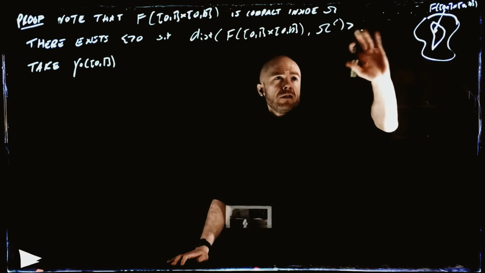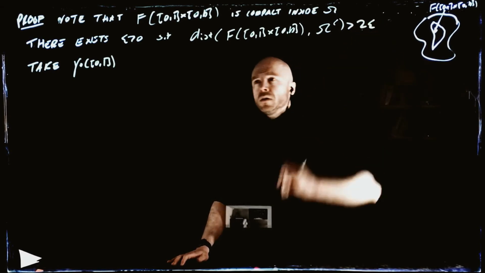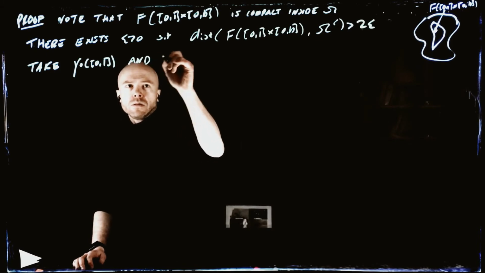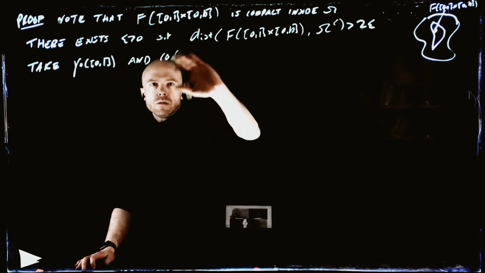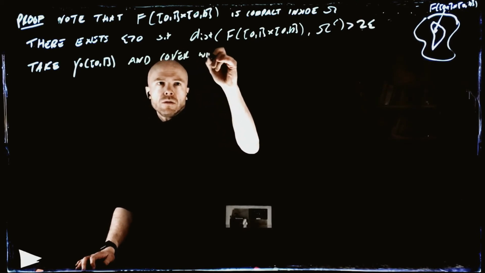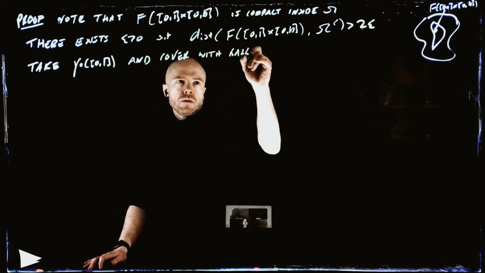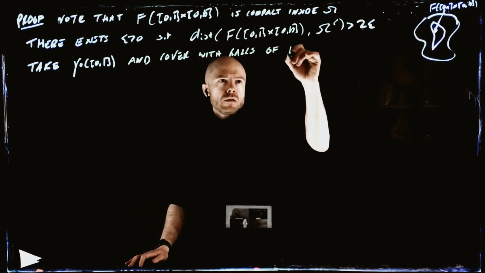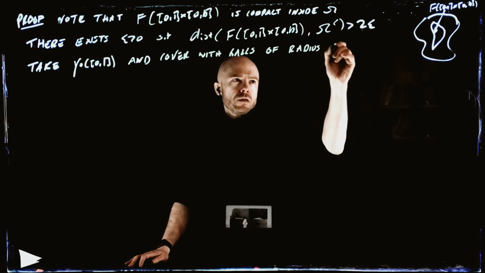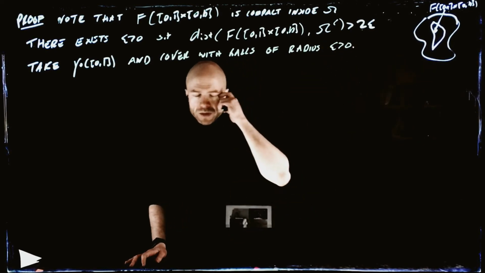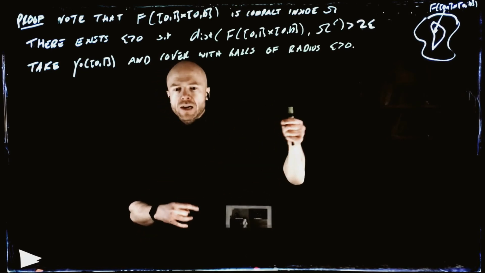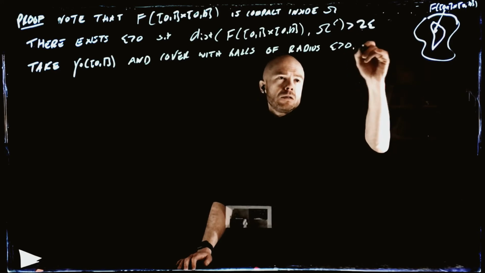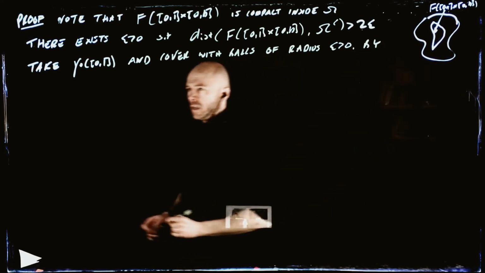So let me call this thing 2 epsilon so I have some space to work with. And cover it with balls of radius epsilon. Okay, and because it's compact and these are open balls, there are just finitely many needed to cover it, right? So by compactness, you need finitely many.